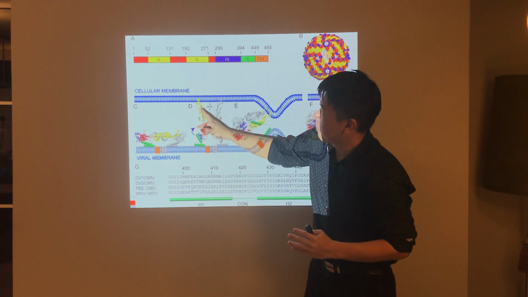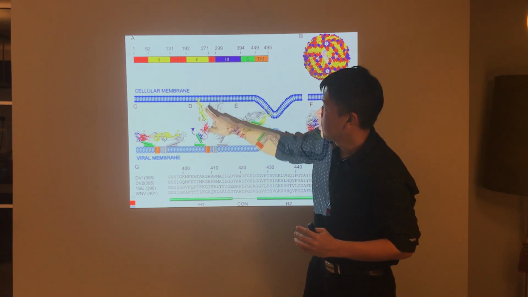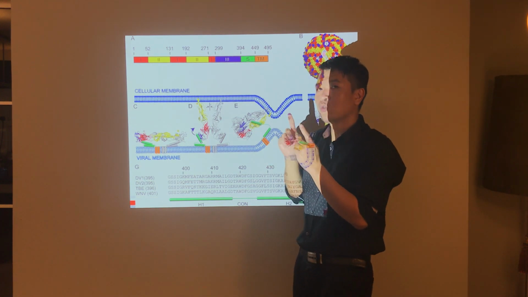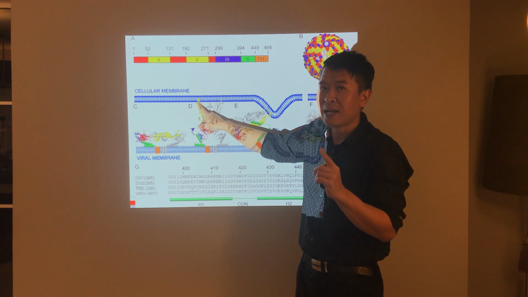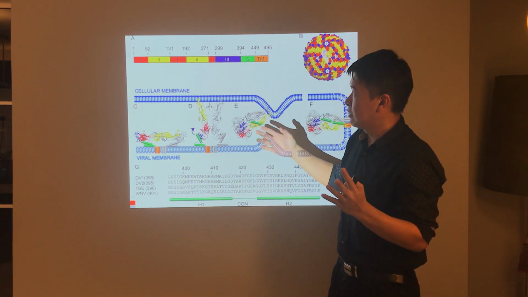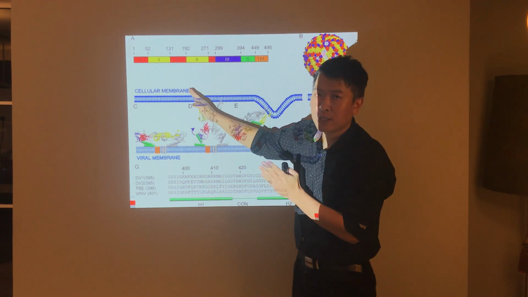Now the envelope protein has a fusion peptide at the tips. I mentioned that the role of the fusion peptide is to fuse with the cell. Because the fusion peptide is highly hydrophobic and the lipid bilayer is hydrophobic, the fusion peptide will now penetrate the membrane.